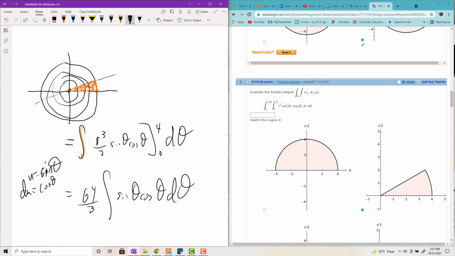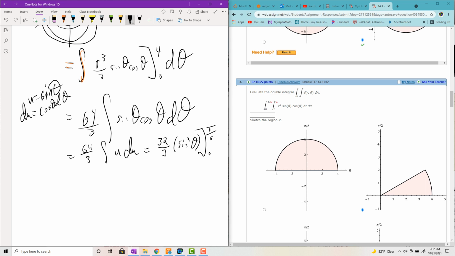So this is 64 thirds integral of u du. You'll end up with 32 thirds u squared. U is just sine, so sine squared theta evaluated from 0 to pi over 6. Sine of pi over 6 is 1/2. So you get 32 thirds times 1/4 when you square it, minus 0, and of course that will be 8 thirds, I hope.